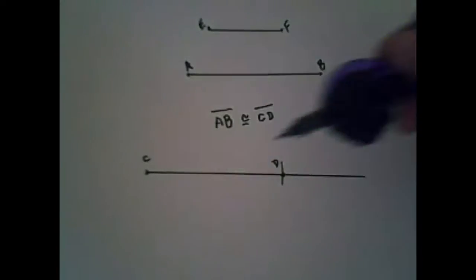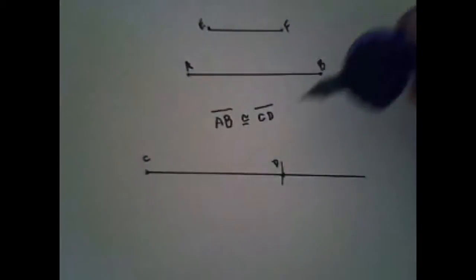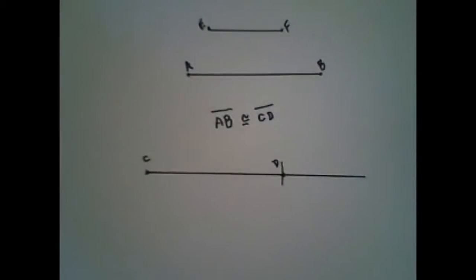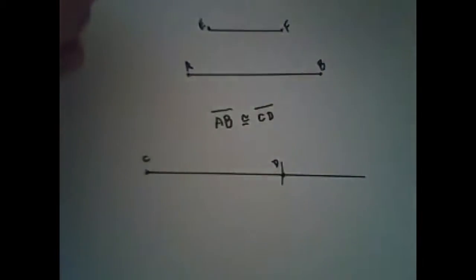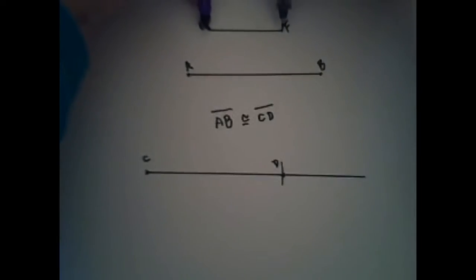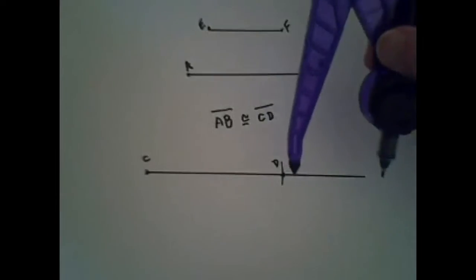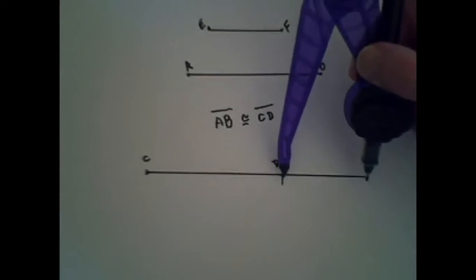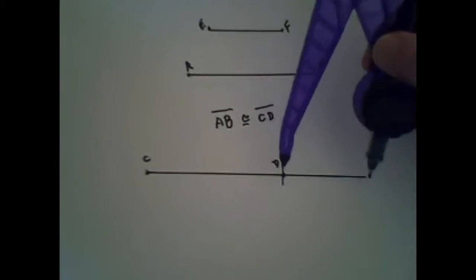We would want to copy segment AB onto this line segment. Then we're going to measure segment EF, and we'll do it the same way we did with segment AB. That's how long segment EF is. And we'll come back down here to this point D, and we're just going to add on to that.